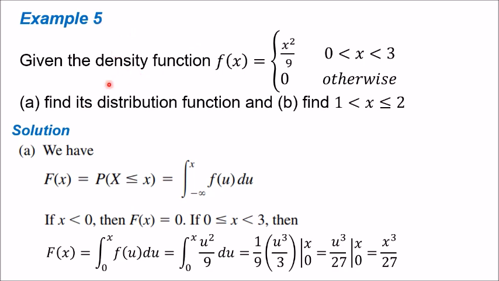Example number 5. Given the density function f of x equals x squared over 9 if x is between 0 and 3, and 0 otherwise.